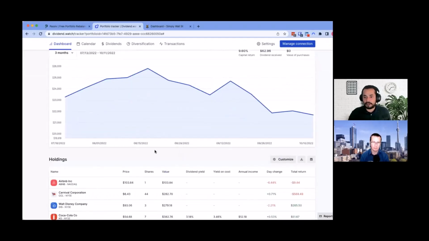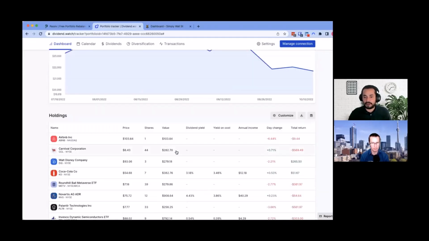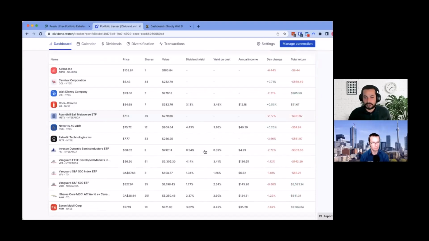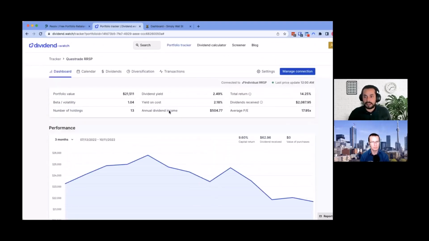Aside from that, you see all of the holdings, the share value, etc. But the thing that I love the most is the annual dividend income, because I just feel good about knowing how much I'm going to get paid each year from the holdings that I have.